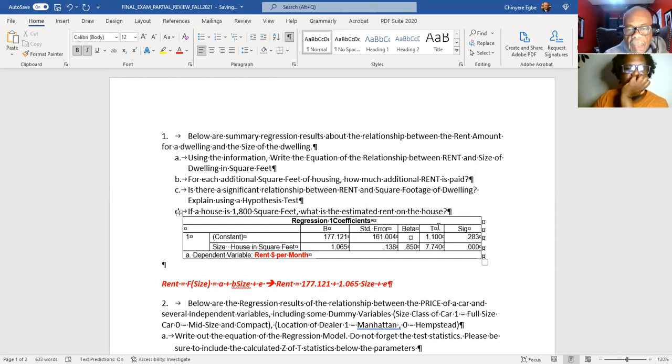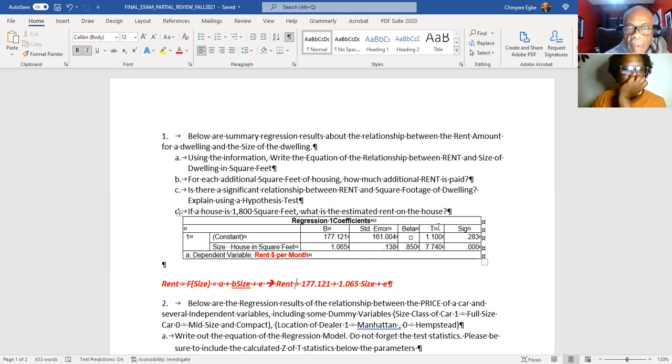We can really see that these results are natural. They are expected. 177 plus 1.065 times size, which is to say, for every 1 additional square foot of size in a dwelling, the rent will go up by $1.065.